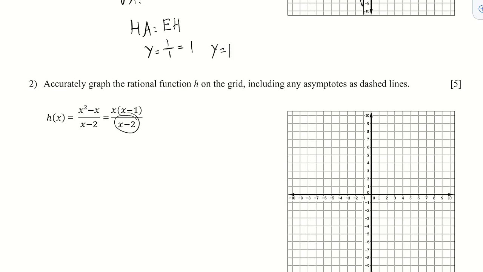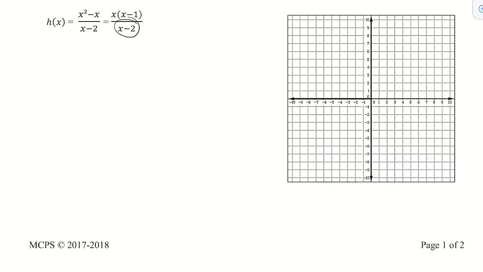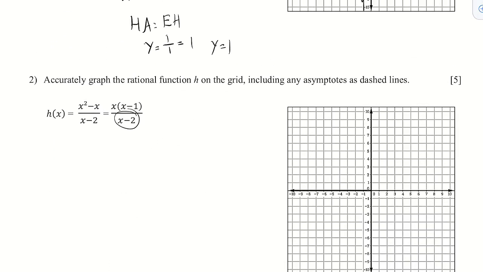I can't cancel an x minus 2, so I know my vertical asymptote here is going to be x is equal to 2. It is whatever value sets the denominator equal to 0 that I can't actually have. If I plug in 2, I get 2 minus 2 for the denominator, so it gives me 0. That's a no-go. So I'm going to place in a vertical asymptote at 2.